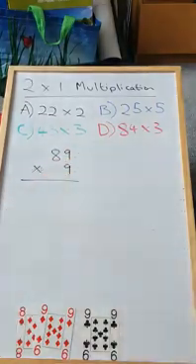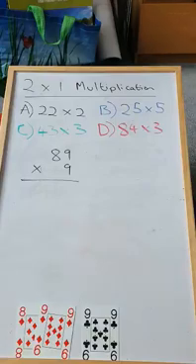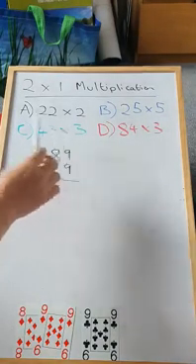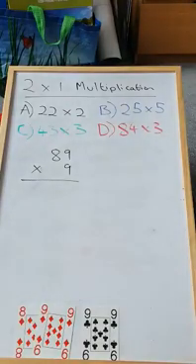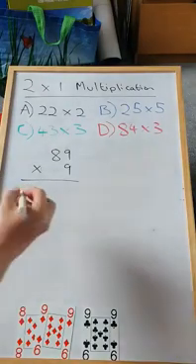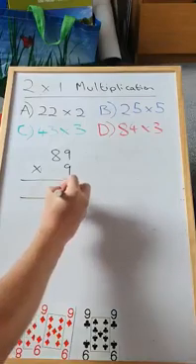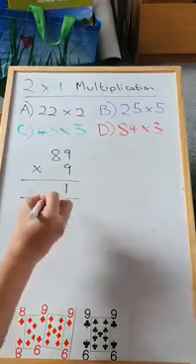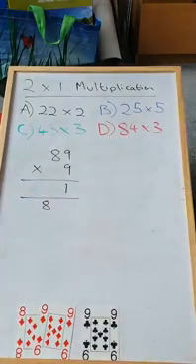Need to know our 9 times table for this one. So for this one, 9 times 9 is our first sum. So 9 nines, they are 81. So I put the 1 in and I carry the 8.